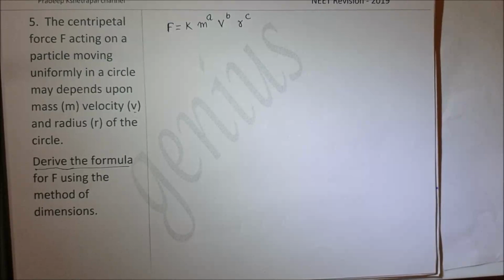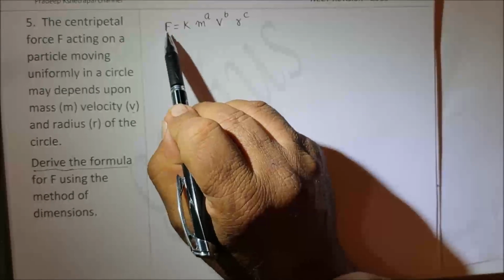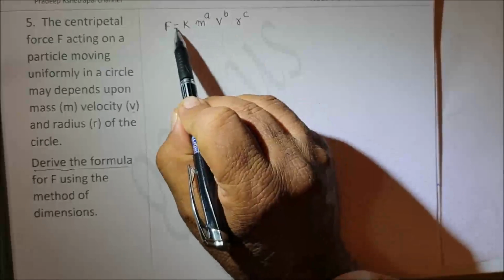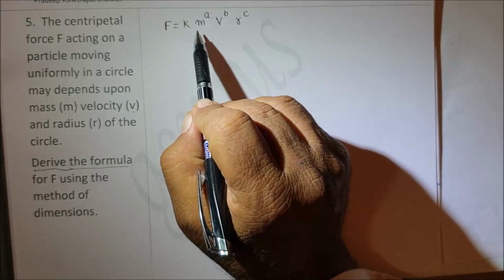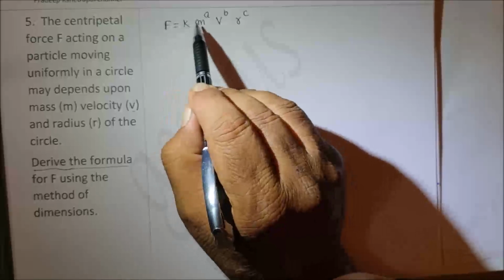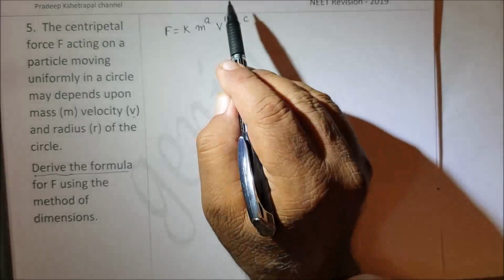Okay, derive the formula. Now force is one quantity, and mass, velocity, r, and this equal sign shows that it is an equation, so the dimensions on both sides of the equation should be the same.